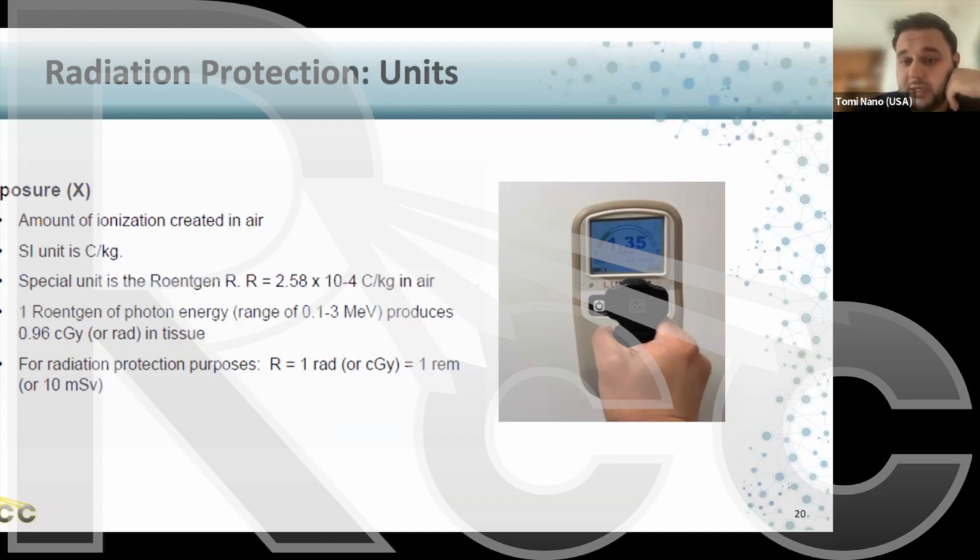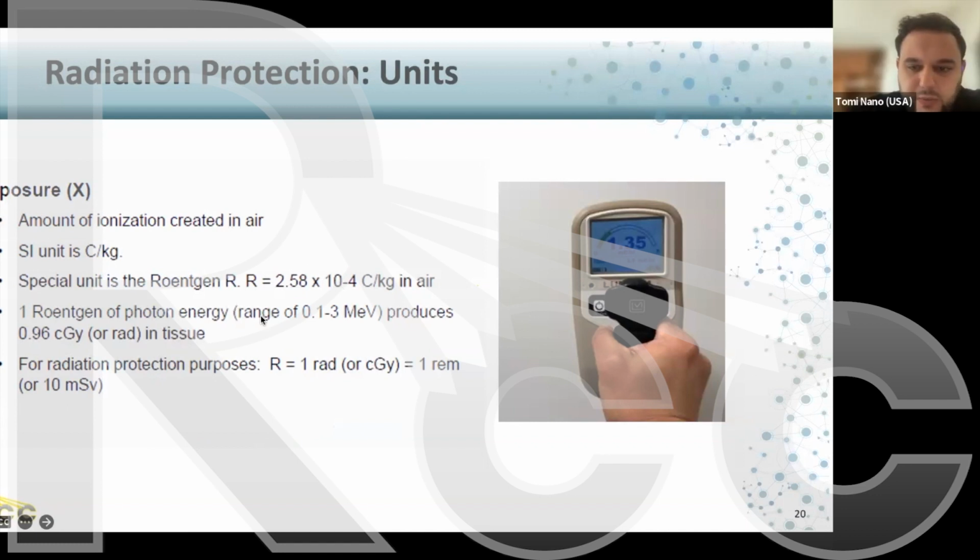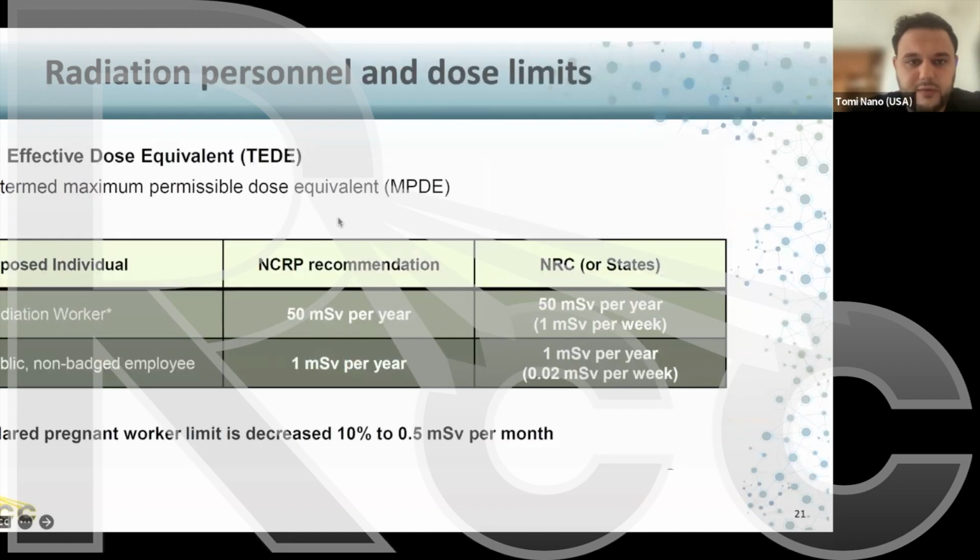We measure exposure rate, which is ionizations in air. The reason I say we keep it simple is that we say 1 Röntgen is equal to 1 rad, which is 10 millisieverts. This is what is typically done in radiation surveys as a conservative estimate and also an efficient method.